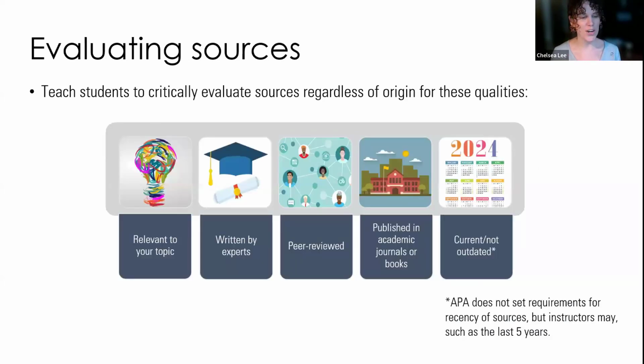Next slide. Great. So once you have a source, you have to look at it and say, I've kind of got an idea of what it says, but is this a good source for the task at hand?